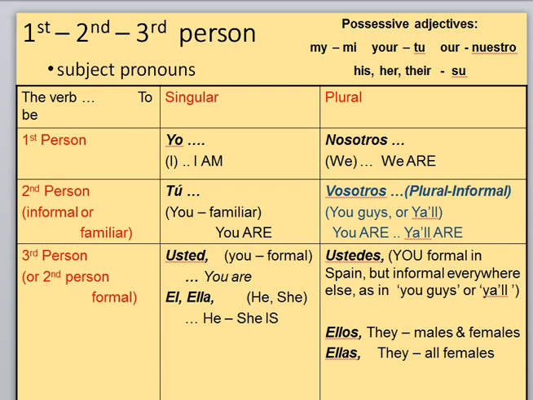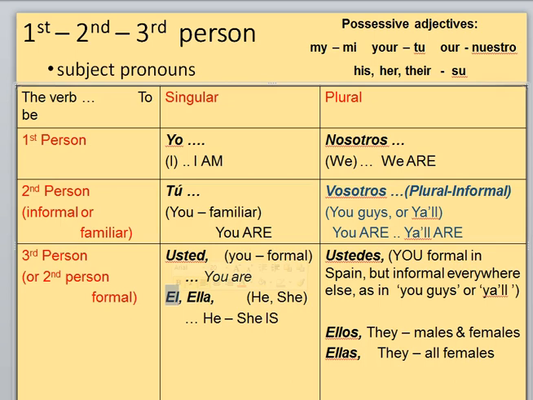The Spanish pronouns are yo for I, nosotros means we, tú is the familiar form of you, vosotros, which is only used in Spain, and the familiar way of saying the plural you, as in you guys or y'all.